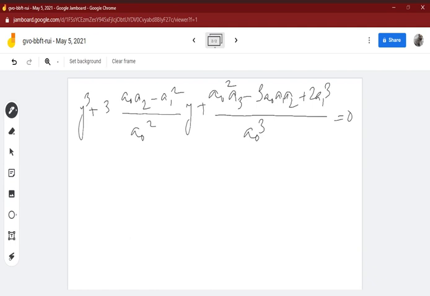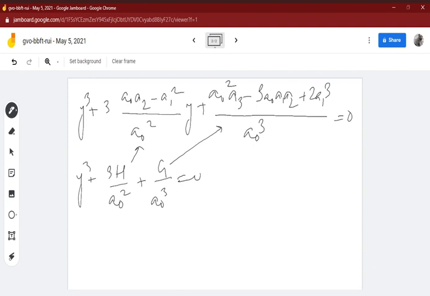Now we give the standard notations. So y cube plus 3h by a0 square y plus g by a0 whole cube equals 0. So this is h and this is g. We give these substitute symbols for h and g.